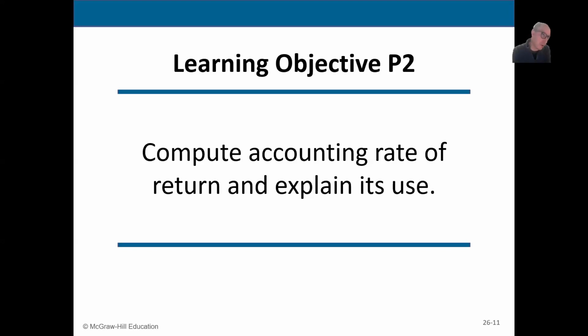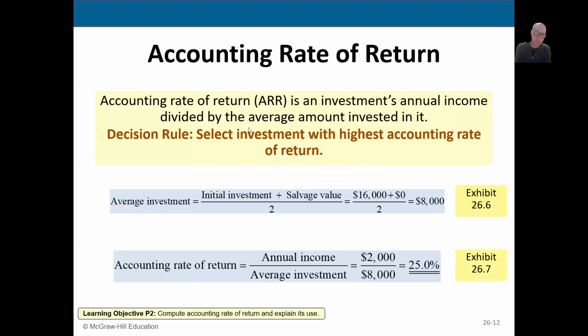Remember, rate of return looks at how effectively I'm using the machinery to generate revenue. So based off of that, we look at what's called the accounting rate of return. It's an investment's annual income divided by the average amount invested into it. That's the accounting rate of return.